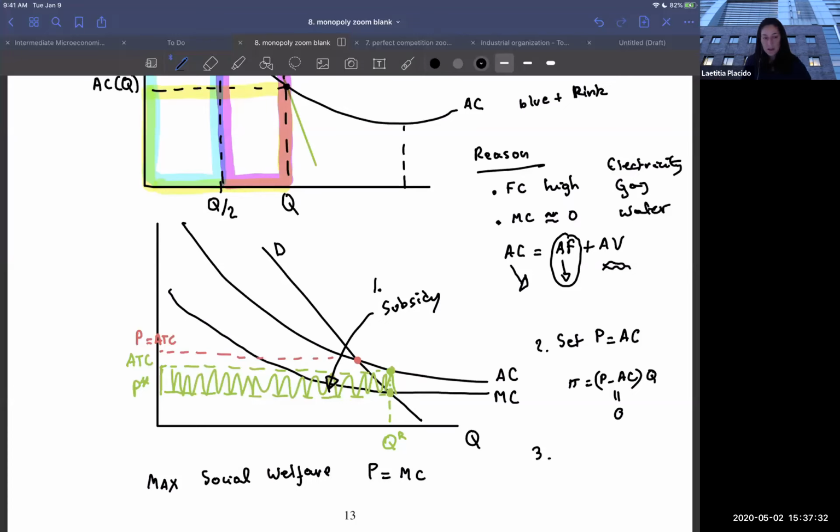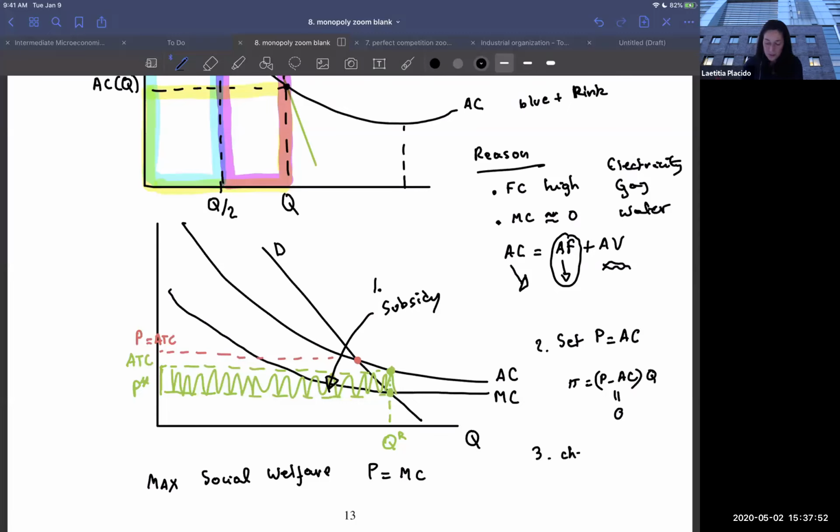And the idea is to charge a higher price to these high value customers to subsidize the fact that the monopolist is charging price equals marginal cost on low value customers. That's a third solution.